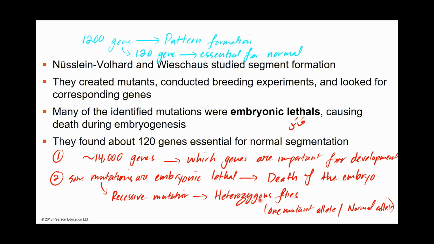So they analyzed heterozygous flies carrying these recessive embryonic lethal mutations, looked for the phenotype, and then determined where the mutation was located in the genome, and which gene was actually affected by the mutation to cause the non-lethal mutant phenotype in heterozygous flies.